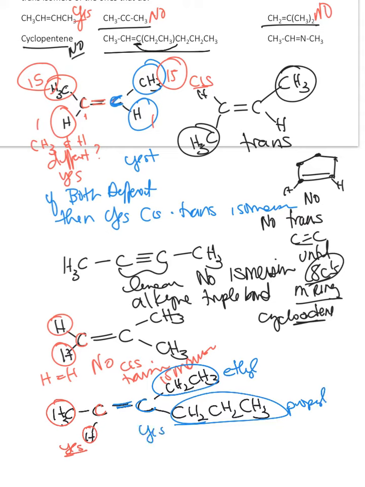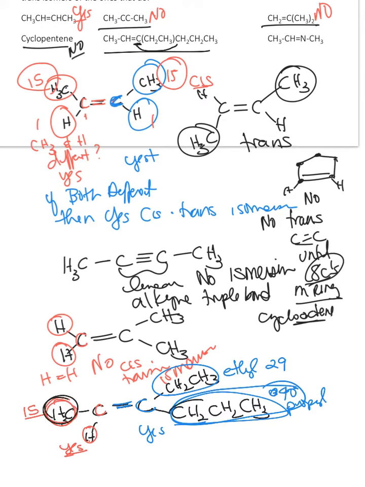Now, is the way we drew this cis or trans? Between the methyl and the hydrogen, the methyl has the higher molecular weight. Between the ethyl, which would be 24, about 29, versus the propyl, 3 times 12 is 36, so about 40 or something like that. So 40 is greater than 39.